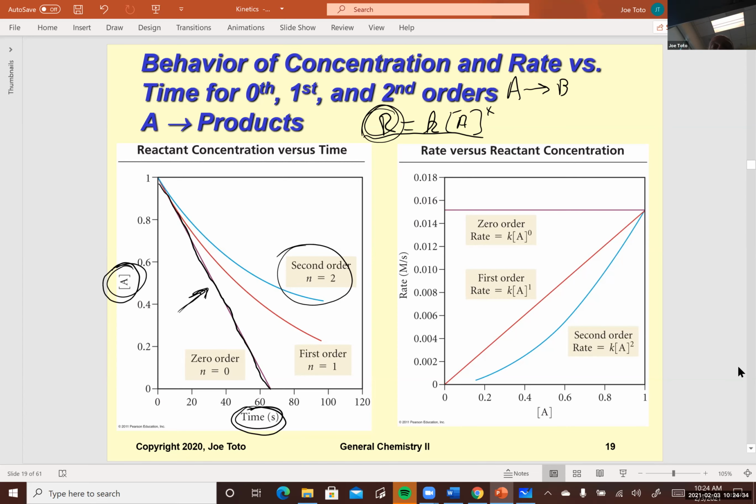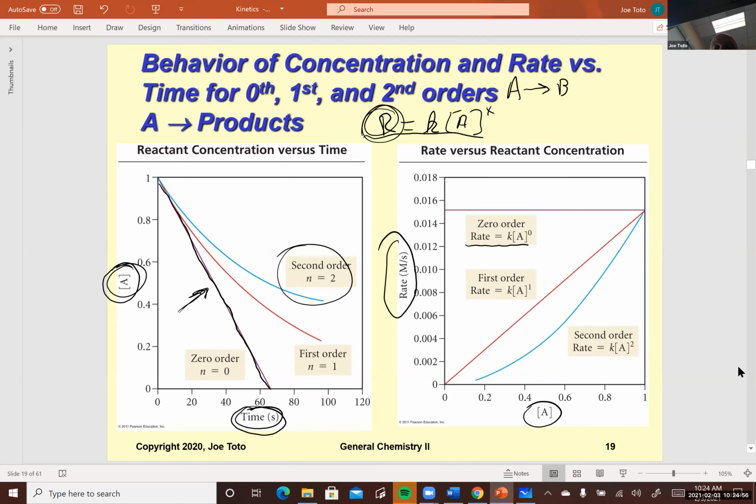On the next plot, we have the rate plotted versus the concentration for the different orders. So again, let's take a look at 0th order. There's our 0th order rate equation. We see that the rate equals K because anything to the 0th power is 1.